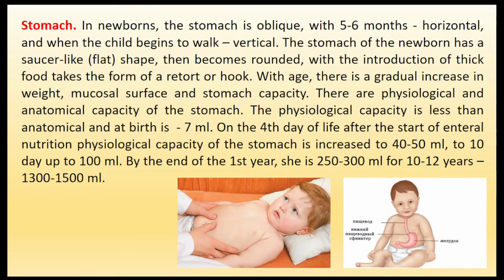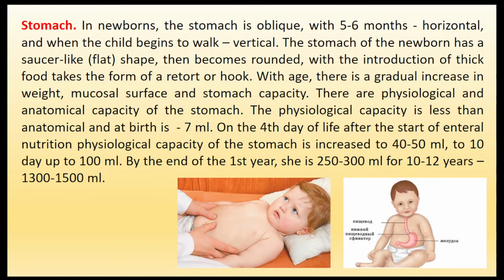The stomach of the newborn has a saucer-like shape, then becomes rounded with the introduction of thick food, taking the form of a retort or hook. With age, there is a gradual increase in weight, mucous surface, and stomach capacity.